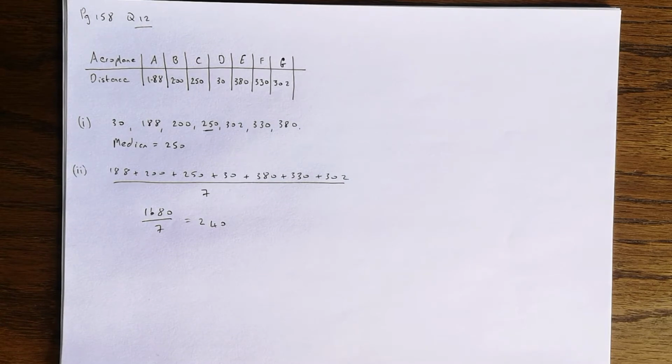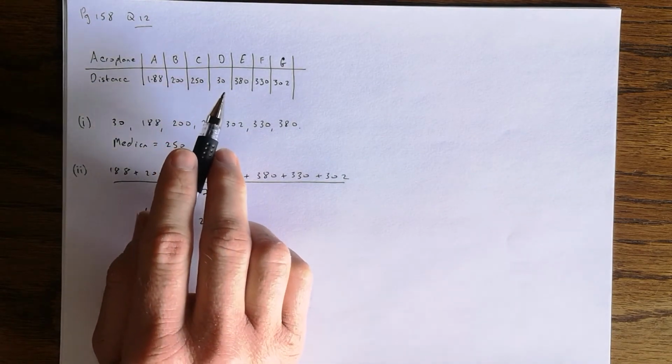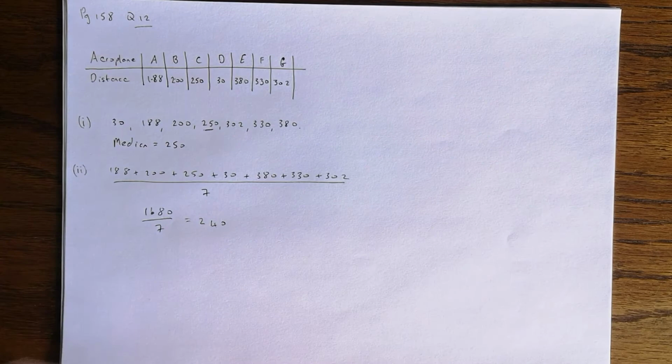The next question says that airplane D is thrown again, and the distance travelled is measured and recorded in place of the original measurement. So we throw it again because it was only 30, and the distance was recorded. After this, it says the median remains unchanged.